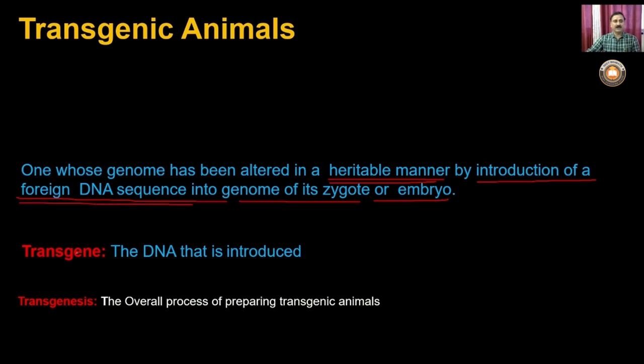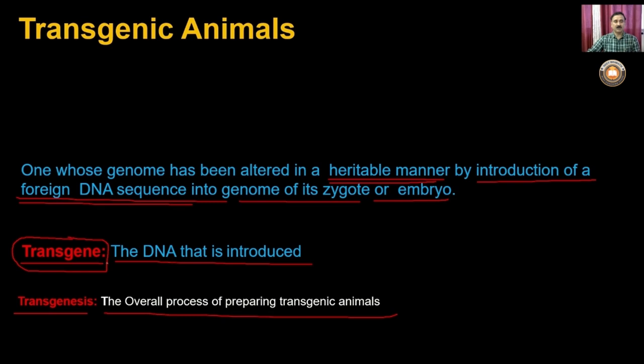In this case, the foreign DNA that you introduce into the organism is called the transgene, because the gene comes from a separate species. The process through which you introduce this gene into the animal and prepare the transgenic animal is called transgenesis.